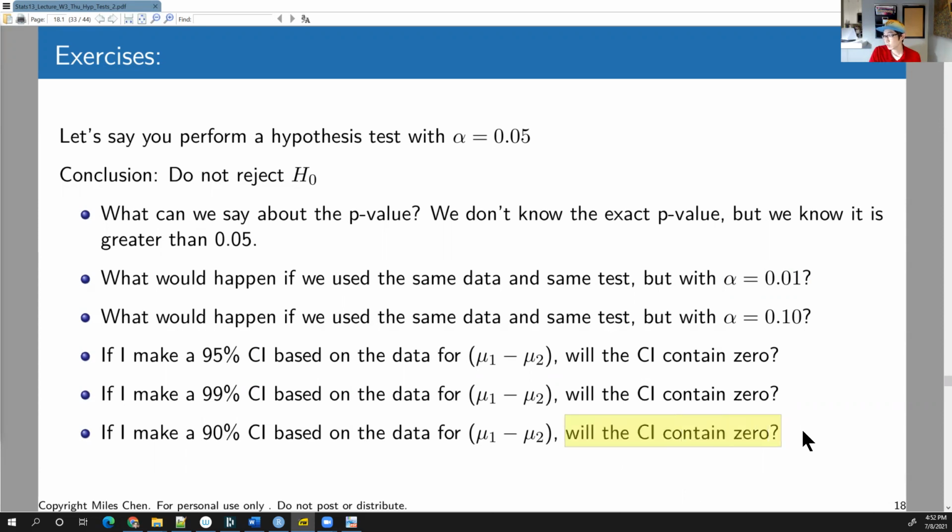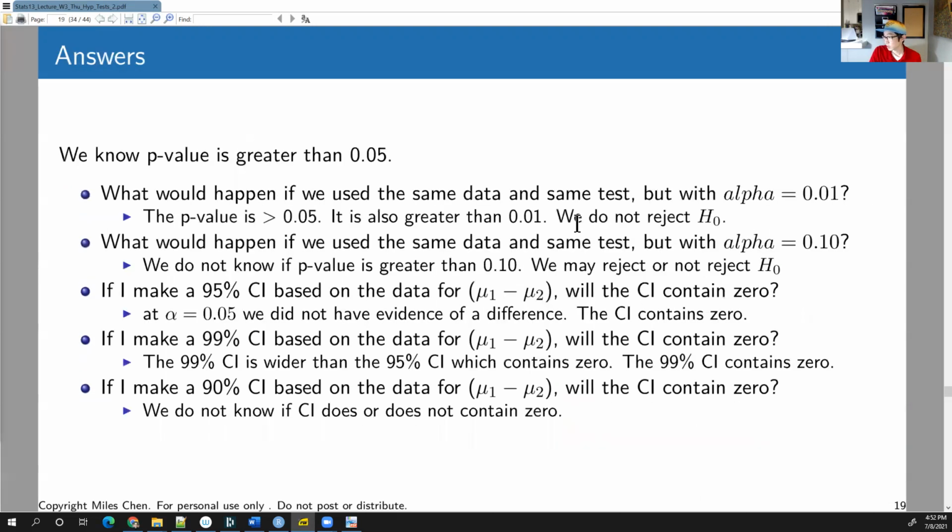Will the confidence interval contain 0? The answer to this one is we are not sure. So to summarize: with alpha 1%, we do not reject; with alpha 10%, we may or may not reject; the 95% confidence interval contains 0, the 99% confidence interval contains 0, and the 90% confidence interval may or may not contain 0. Those are your answers.